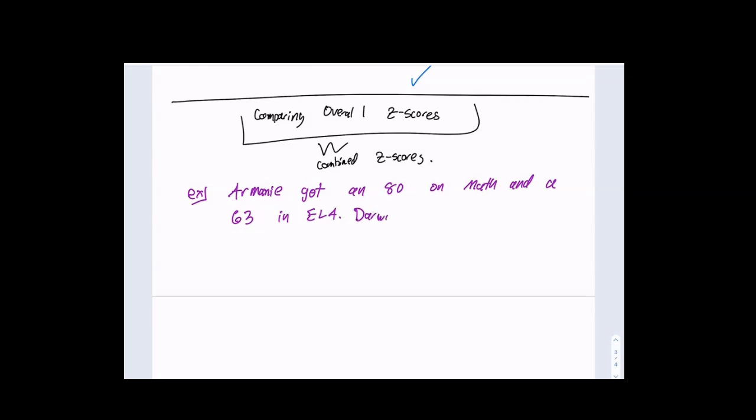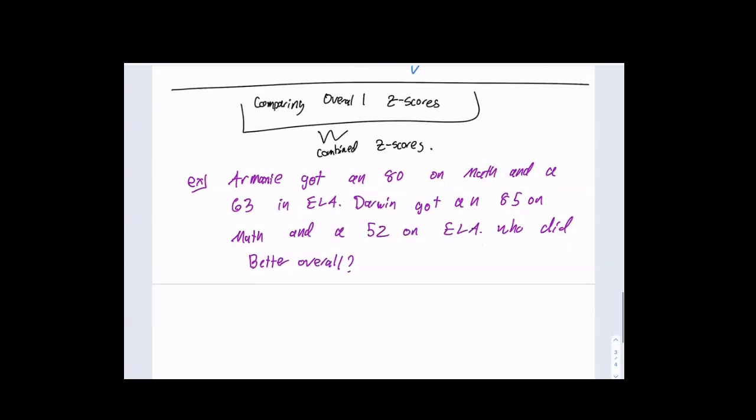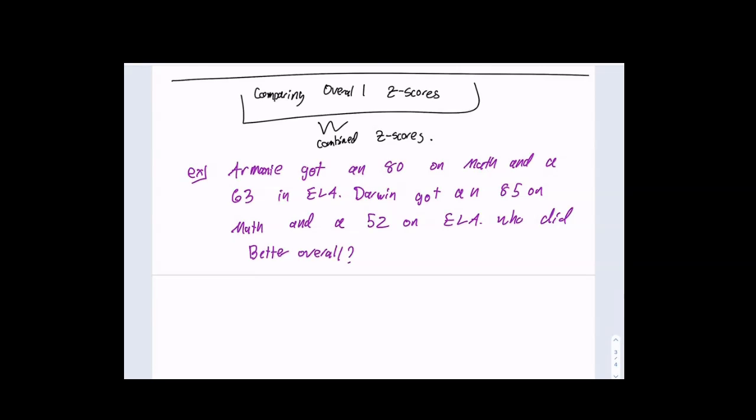Darwin got an 85 on math and a 52 on ELA. Who did better overall? So who did better overall between these two classes? Was it Armani or was it Darwin?